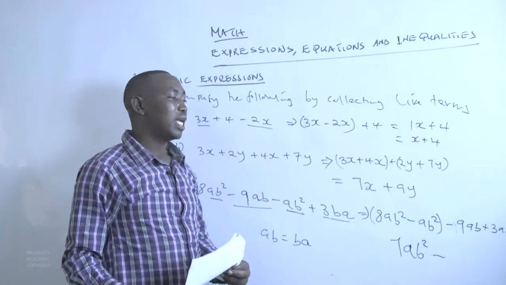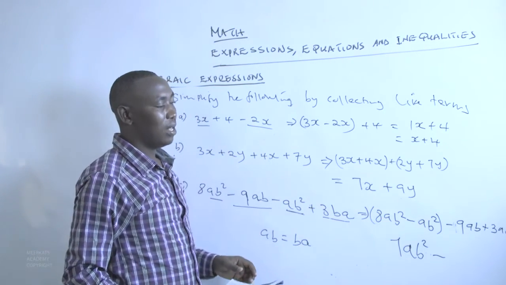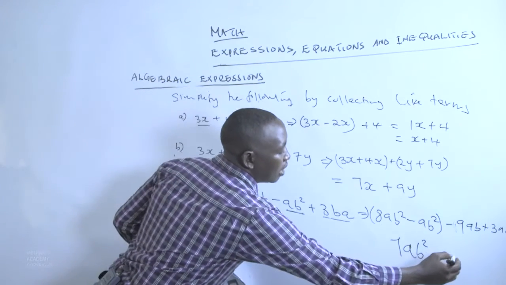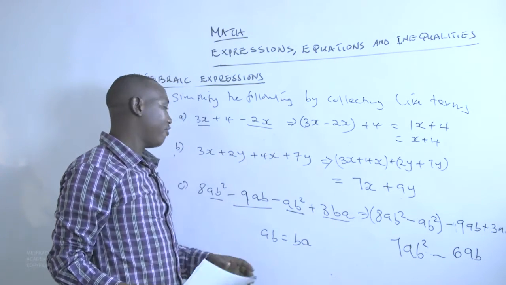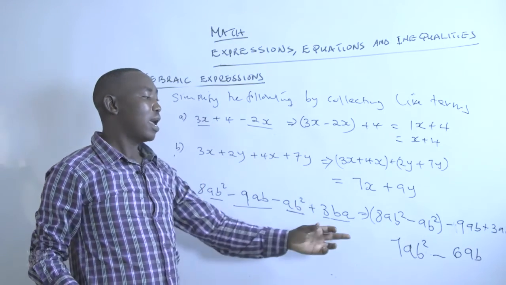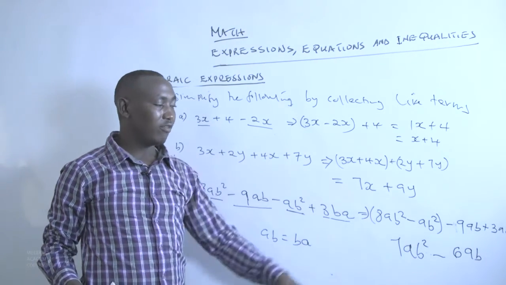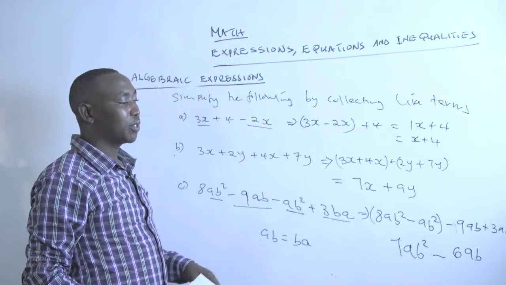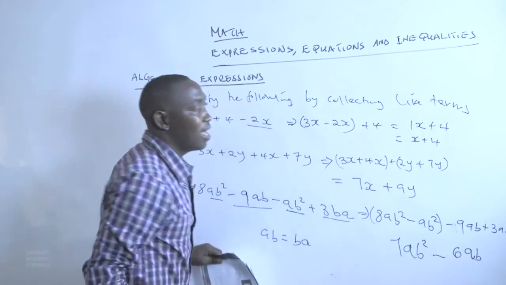When you take 9 minus 9ab, you add 3ab, you'll get minus 6ab, and therefore this particular expression can be simplified into a two-term expression, 7ab squared subtract 6ab. Now you cannot simplify further than there.